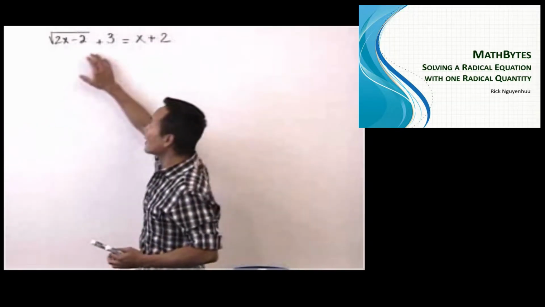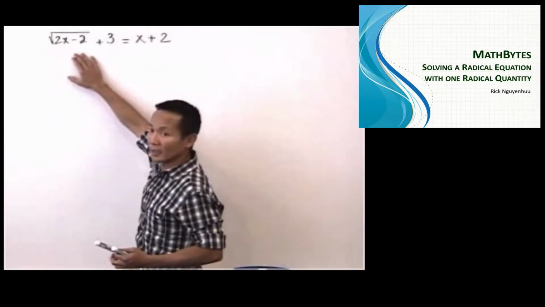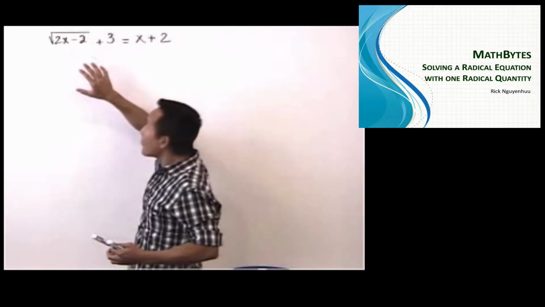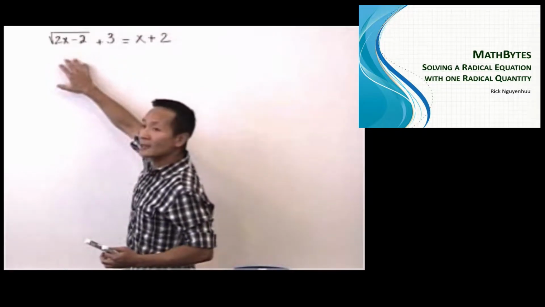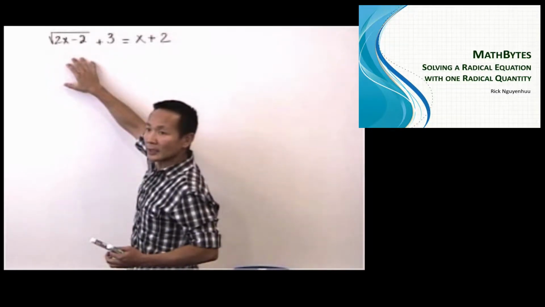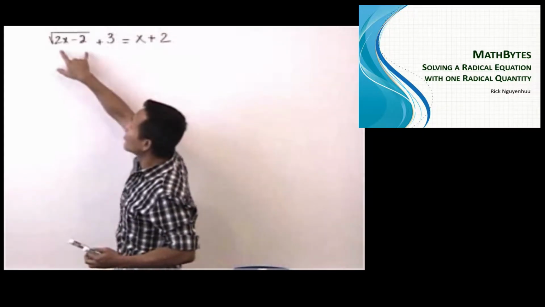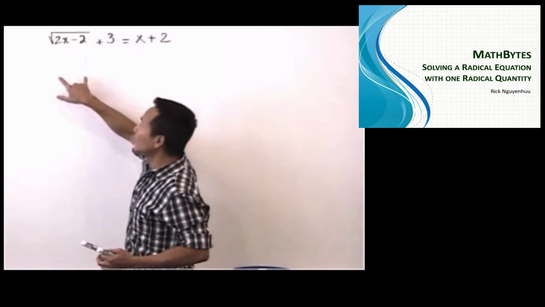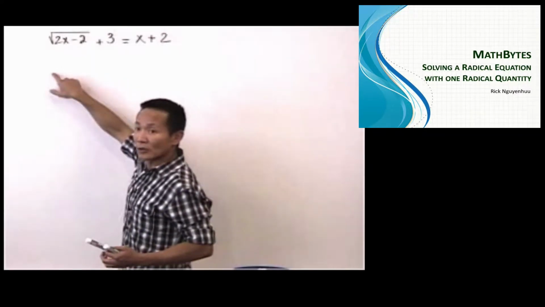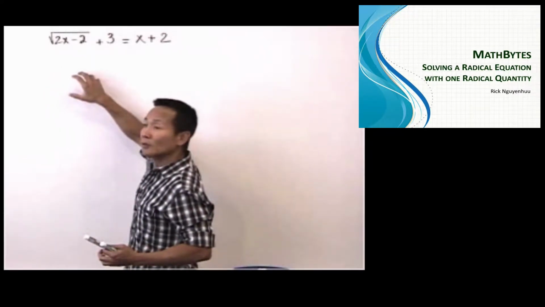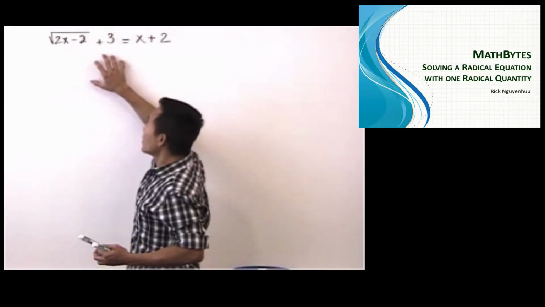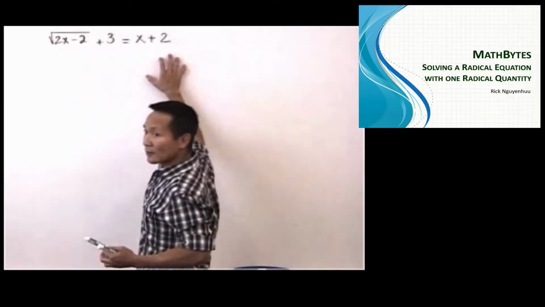Since we only have one radical quantity here, it's better to isolate the radical quantity. So I want only this radical quantity on one side of the equation, and we're going to move all the numbers or variables to the other side of the equation.